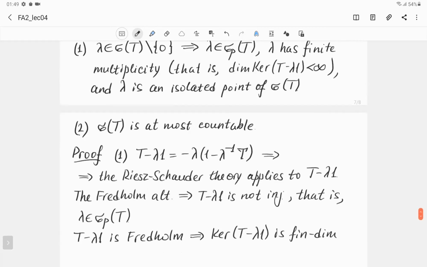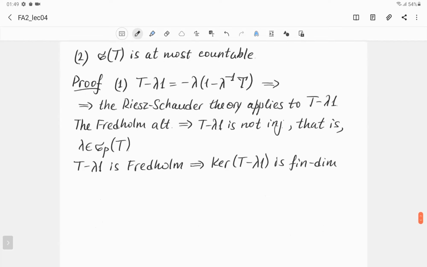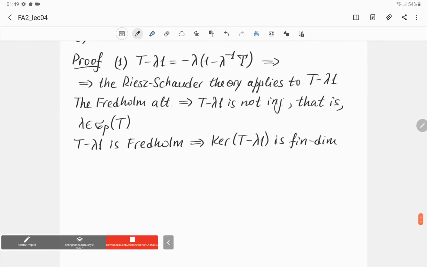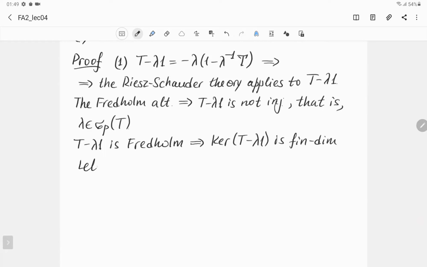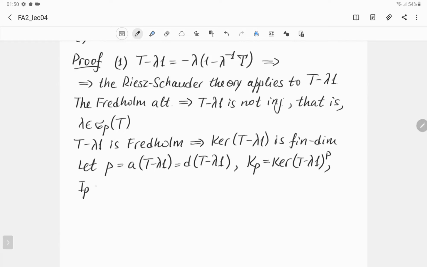Okay, now let's show that lambda is an isolated point of the spectrum. To prove this, we will use the Riesz decomposition. So, as in the proof of the Riesz theorem, we let p denote the ascent of T minus lambda 1, which is the same as the descent of T minus lambda 1. We let Kp denote the kernel of T minus lambda 1 to the power p, and Ip is the image of the same operator.